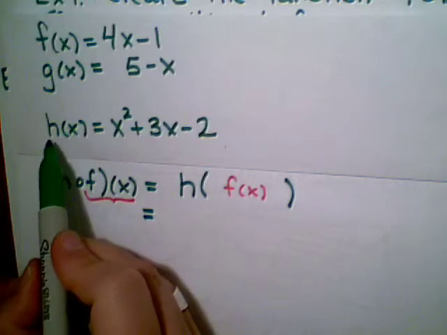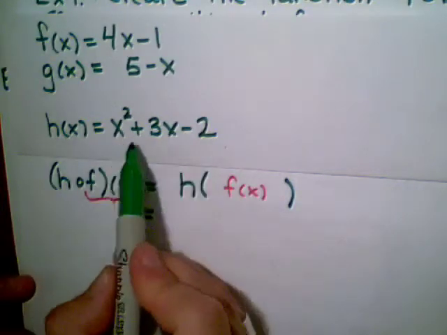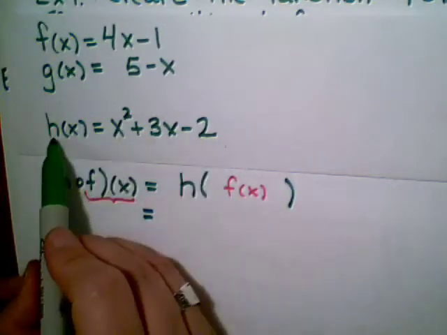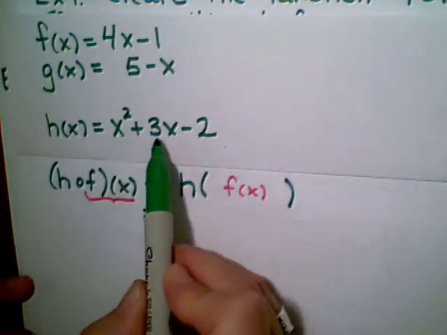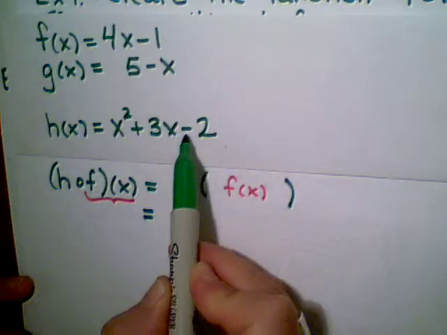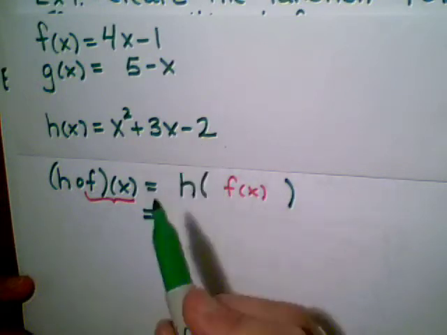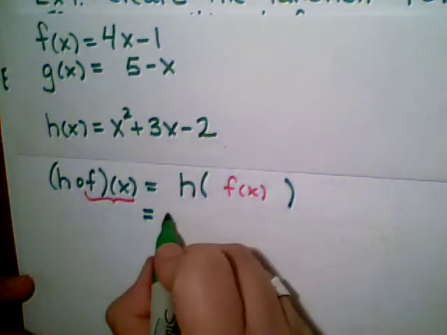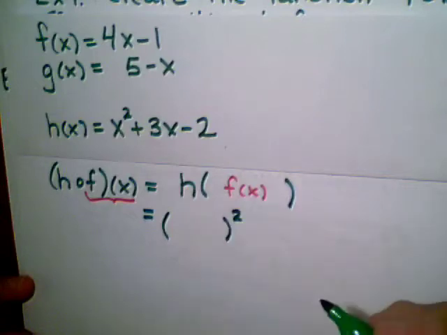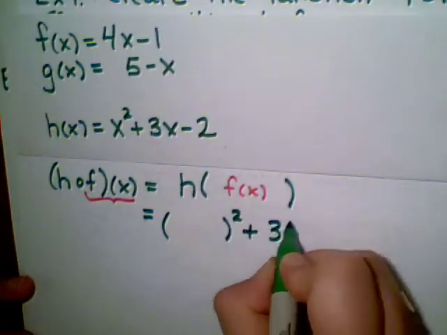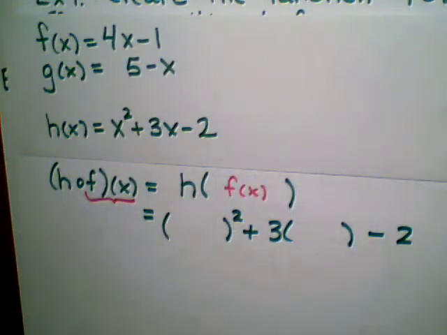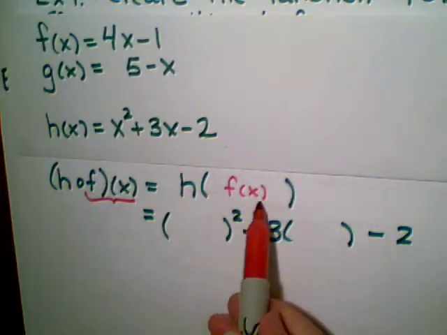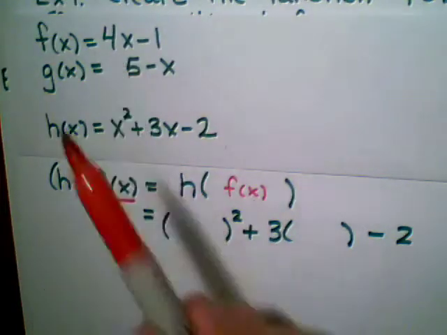Okay. Now h is a polynomial. It has 3 terms. h of x squares x, adds 3 times x, and then subtracts 2. So h of f of x will square f of x, add 3 times f of x, and then subtract 2. f of x was that linear function from before.